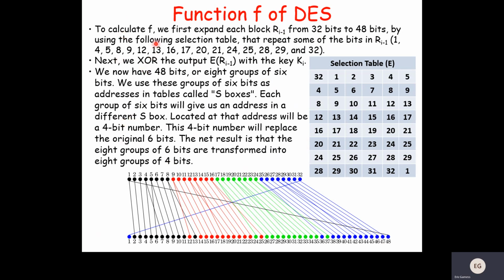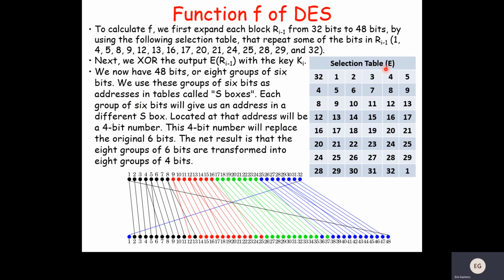The first one is to take the rightmost 32 bits of the previous iteration and convert them to 48 bits. If you go from 32 bits to 48 bits, you are going to duplicate some bits. This operation is called the extension or expansion table, and it is going to duplicate some bits.